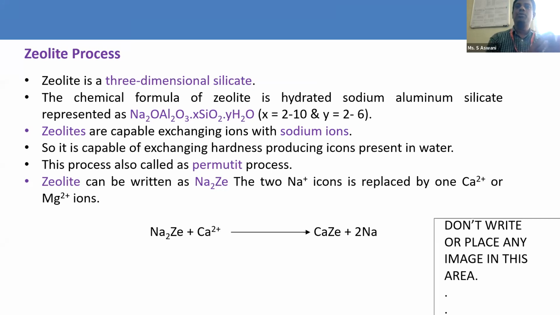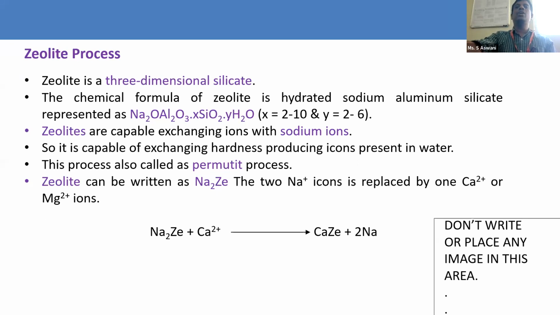If X silica and Y water molecules change, the zeolite nomenclature can also change. Zeolite is capable of exchanging ions with sodium ions. It has sodium ions, and the sodium ions can exchange with other cations. That is the advantage of natural zeolites. These zeolites are capable of exchanging hardness producing cations and anions.